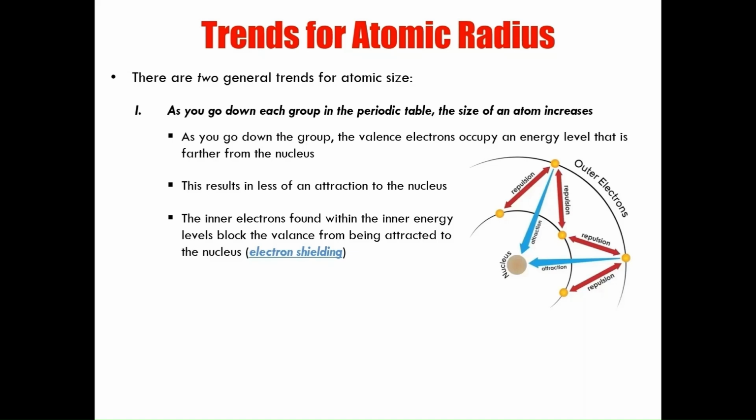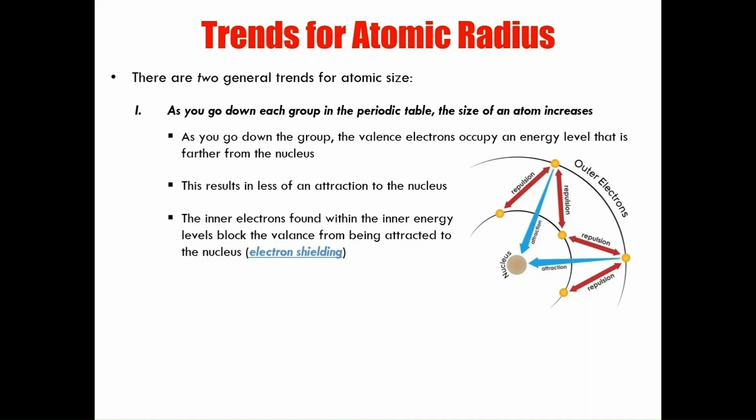As you can see in the image to the right, although the outermost electrons of the atom still feel the attractive pull of the nucleus, the electrons in the inner shells push the valence electrons out due to repulsion. Now, it goes without saying that the more shells there are between the nucleus and the valence electrons, the greater repulsion they will feel due to the electrons in the lower energy levels.